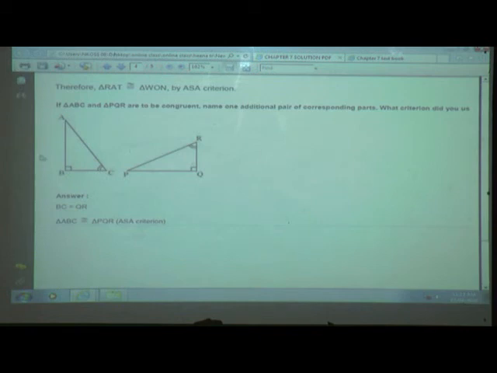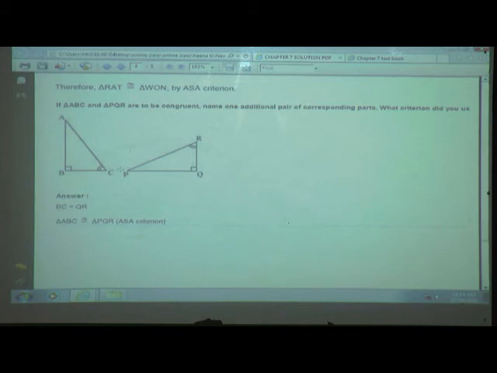So here triangle ABC is given to us, triangle PQR is given to us. Here the 90 degrees angle is B, and here the 90 degrees is angle Q, so B and Q are equal. And the side opposite to the 90 degrees is nothing but the hypotenuse. It should be the same.